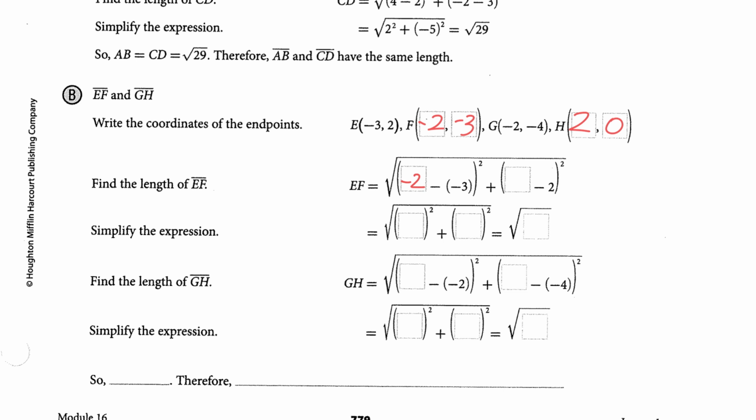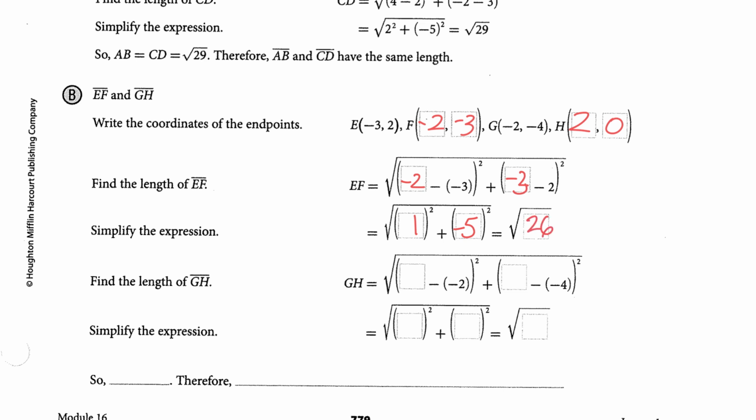That is a difference of 1. The y coordinates, we have -3 for F and 2 for E, which is a difference of 5. Going backwards, 1 squared is 1, 5 squared is 25. Add them together, you get 26.